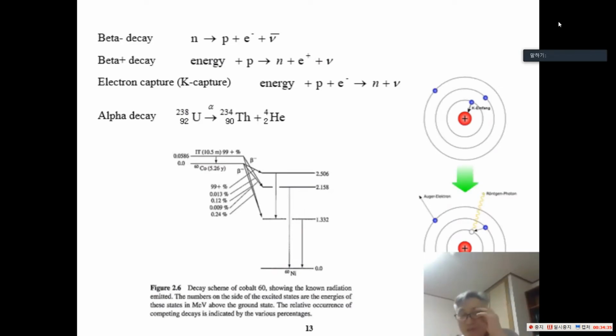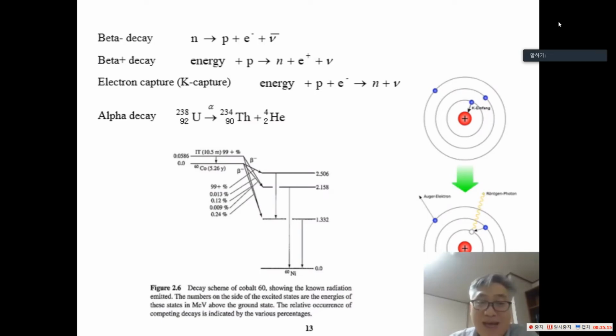Helium is 2 protons and 2 neutrons. So for uranium 92 and 238, the number of protons is 92 and the mass number is 238. It emits alpha. That means subtract 2 from 92 and subtract 4 from 238. Then it becomes 90 and 234.